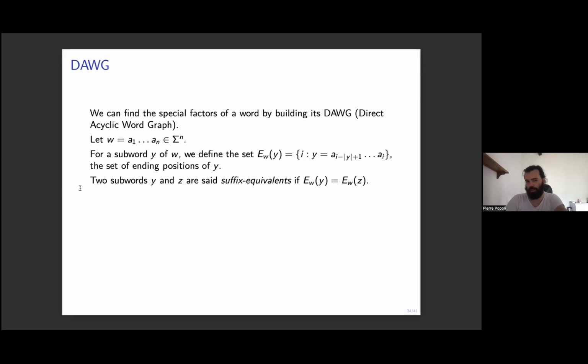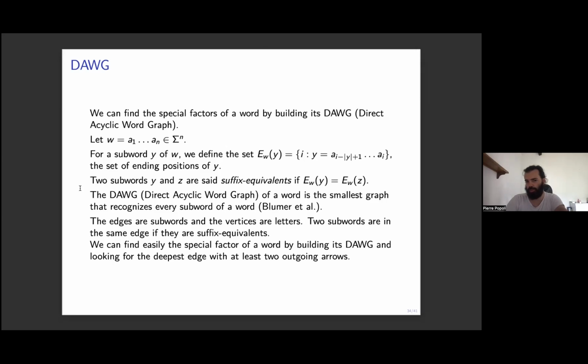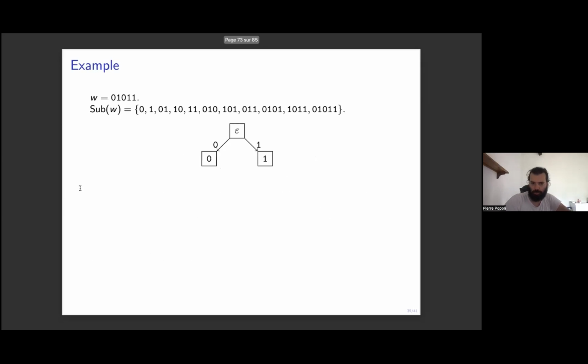And you build the graph, which is in fact the smallest graph that recognizes every subword of your word. So the edges are subwords and the vertices are letters, and two subwords are in the same edge if they are suffix equivalent. And we will see with the same example as before how you can find the special factor.